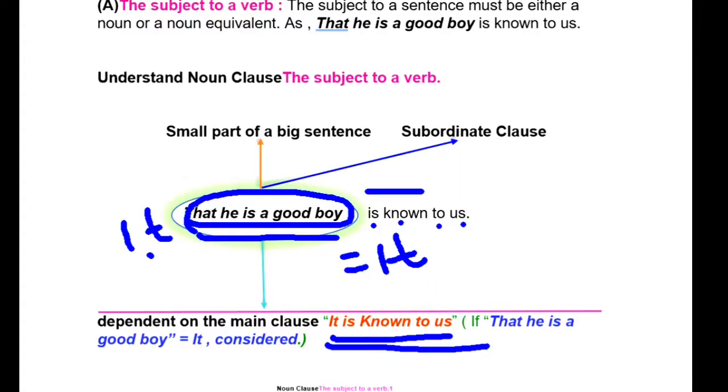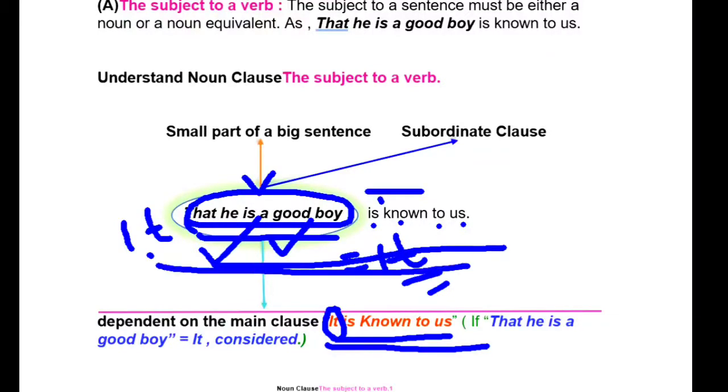In that, the subject is "it," and we have imagined "it" equals "that he is a good boy." So it has the quality of a noun, and we can easily say that it is a subordinate noun clause subject to the verb "is."